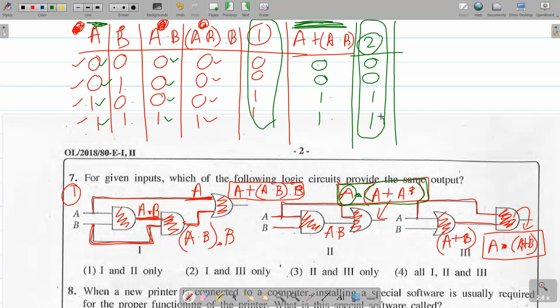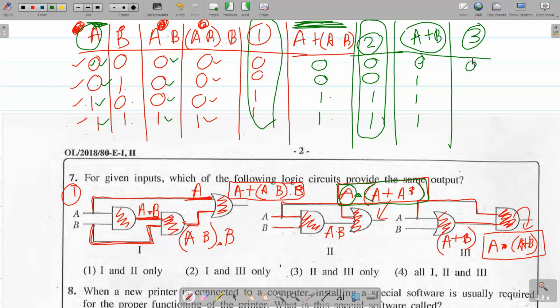Right, so we have to search the third one. Third has A dot A plus B. So here we don't have an A plus B, so I'm creating an A plus B. So it's 0, 1, 1, 1. And then we say A dot A plus B. That means the third output, A dot A plus B. So A plus B over here, A is over here. So let's see, 0 plus 0.